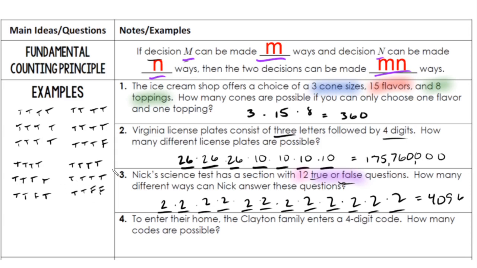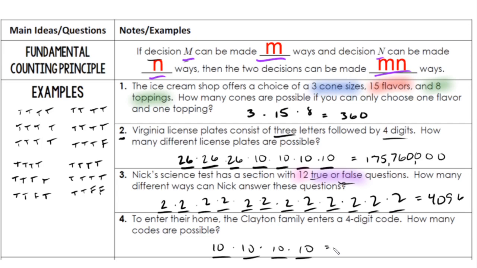Now, next question. To enter their home, the Clayton family enters a 4-digit code. How many codes are possible? We did one very similar to this on number 2. See if you can do this on your own. Pause the video, see if you can get the right answer. All right, hopefully you put 10 times 10 times 10 times 10, because each digit is a choice, and each choice can be made in 10 different ways: 0, 1, 2, 3, 4, 5, 6, 7, 8, or 9.